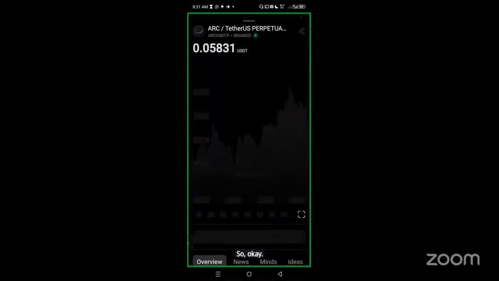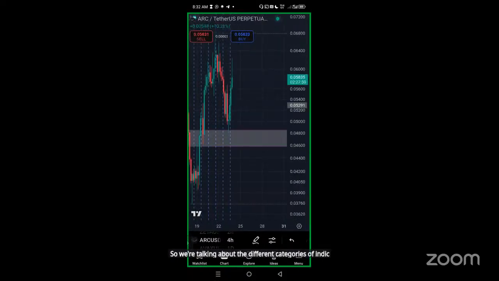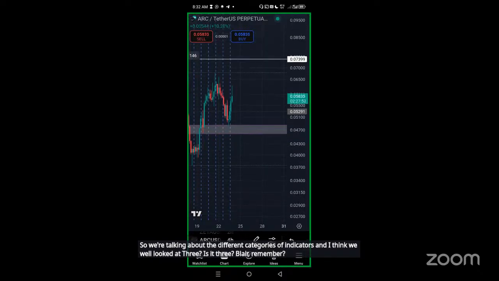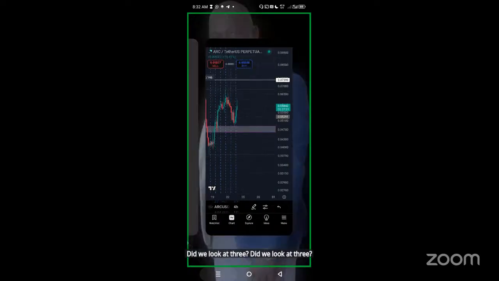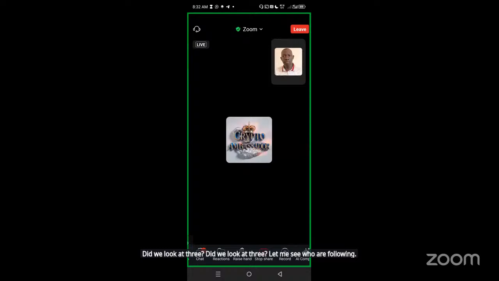Let's come here. We were talking about the different categories of indicators, and I think we looked at three. Is it three? Did we look at three or two? Let me see if we are following. How many did we talk about?